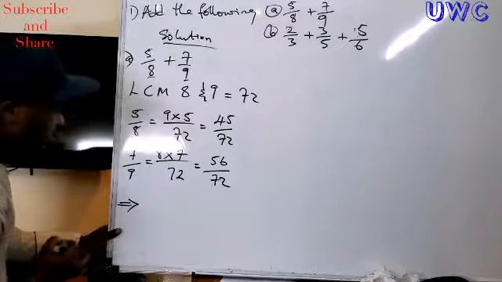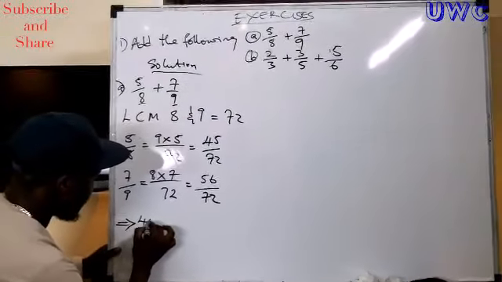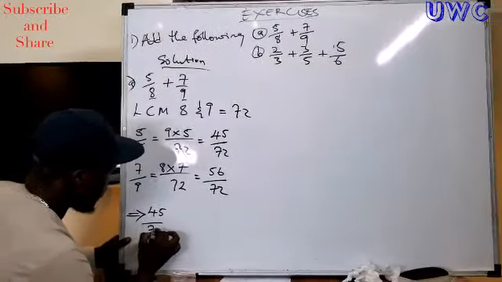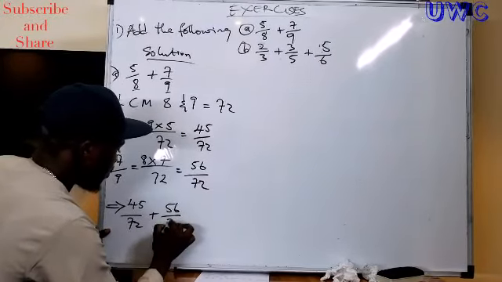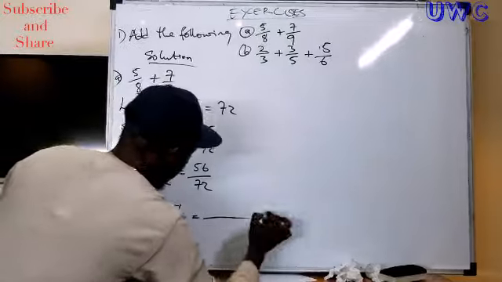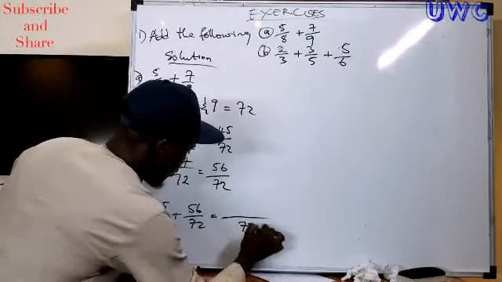This implies that 45 over 72 plus 56 over 72, the LCM being 72.